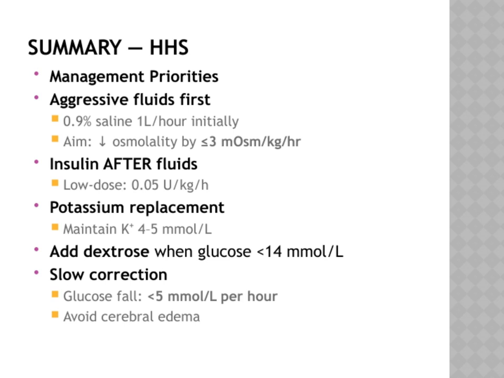We aim for a glucose reduction of less than 5 mmol per liter per hour, again, to avoid rapid shifts that could lead to cerebral edema. To summarize, in managing HHS, our priorities are careful fluid replacement, cautious insulin administration, vigilant potassium monitoring, and controlled glucose correction. All of these steps are vital to safely bring the patient back to a stable state and avoid complications.